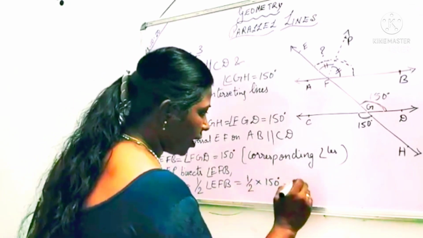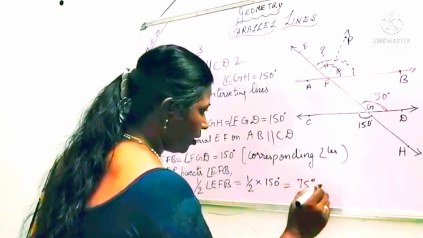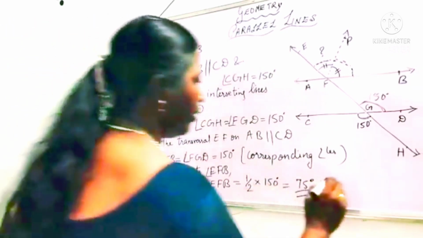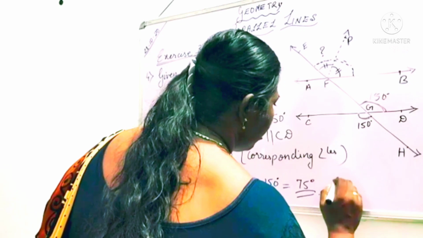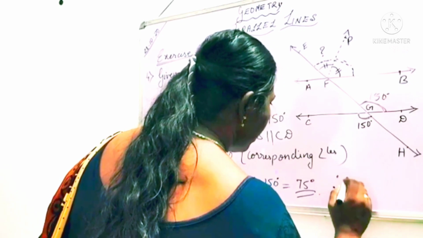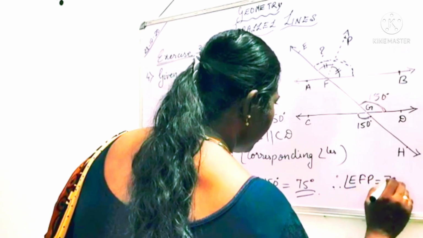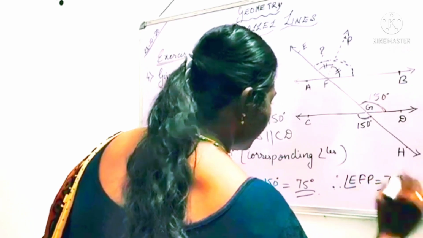By cancelling you will get 75 degrees. Therefore, angle EFP is equal to 75 degrees.